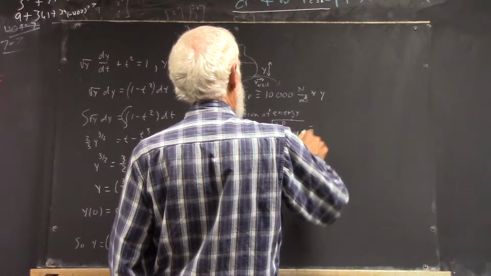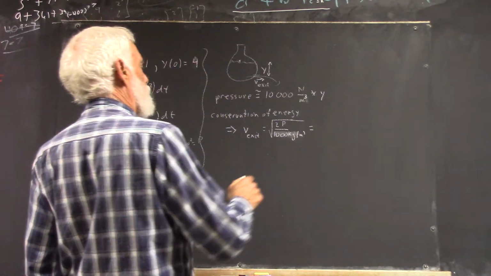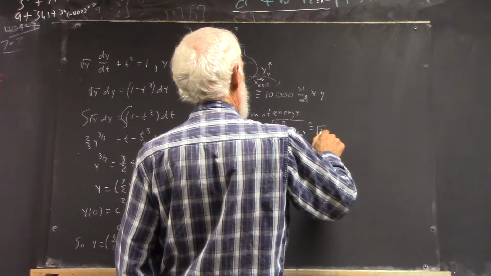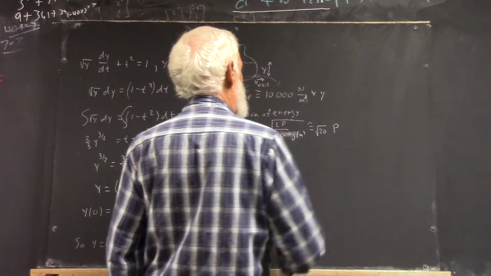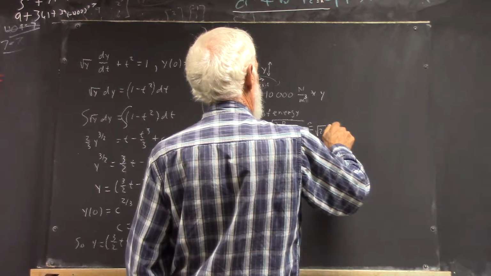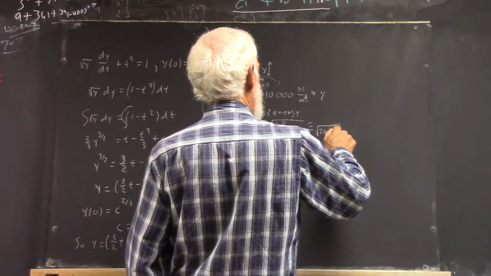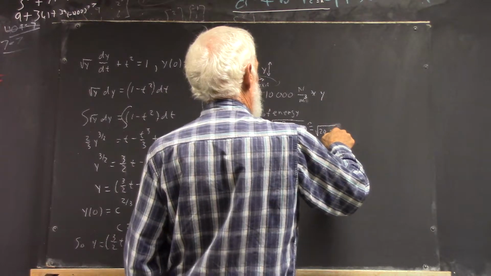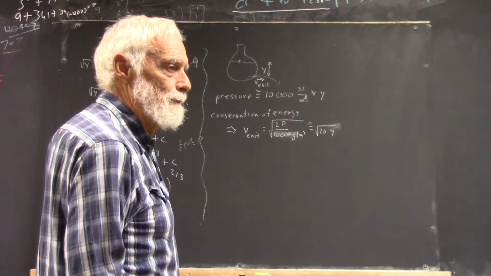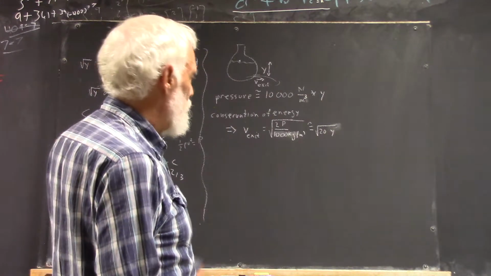So this comes out to be approximately the square root of 20Y. And now I'm suppressing units.